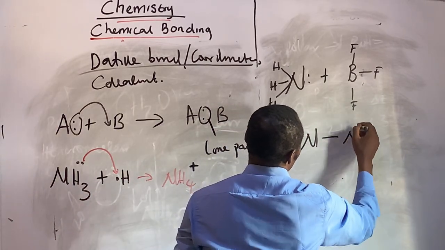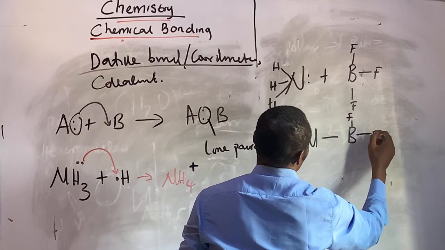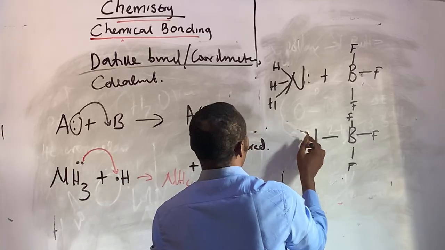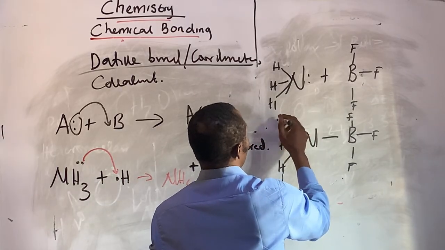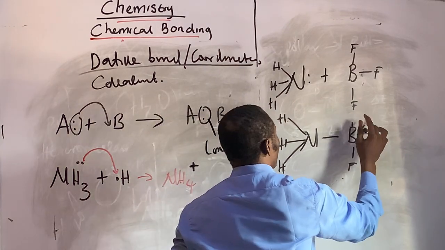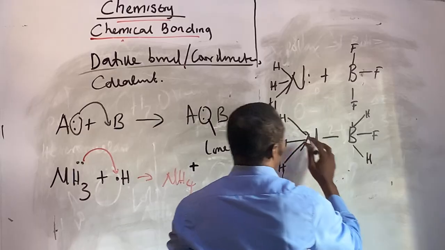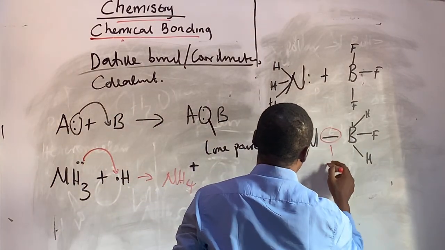All right, so this is the bond now formed here. Now the bond here, remember I told you, is known as the lone pair.